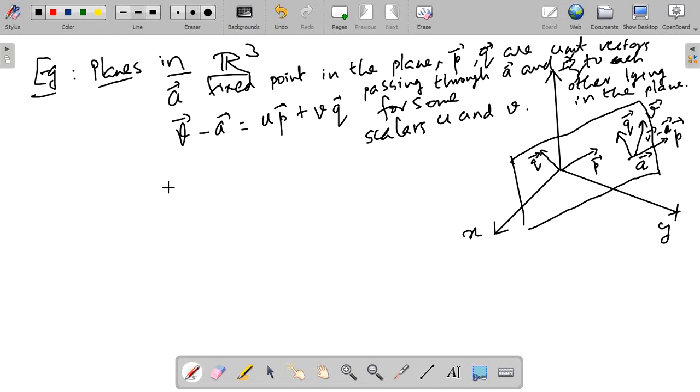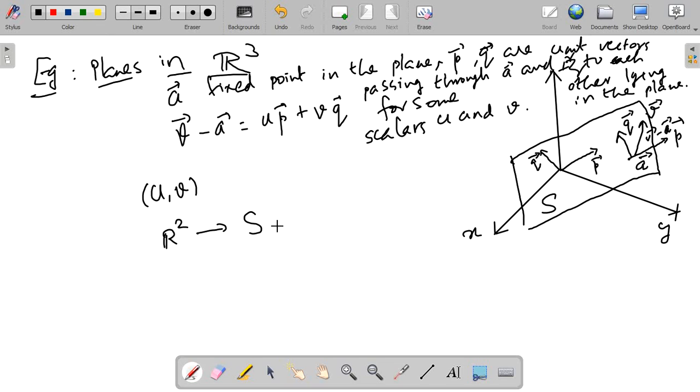Correspondingly, you have the ordered pair (u, v). Now I am going to define a homeomorphism from R2 to S. What is S? Our plane.